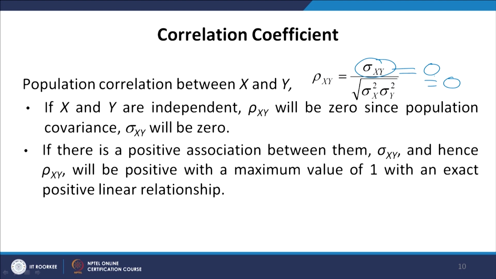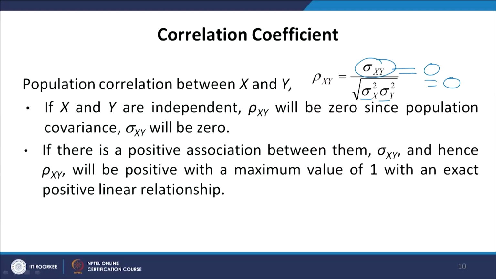Now, you notice one thing, that in the denominator we have variance or standard deviations. Variance and standard deviations can never be negative numbers because they are obtained from squared numbers, which are then summed up. That is why it can never be a negative number.